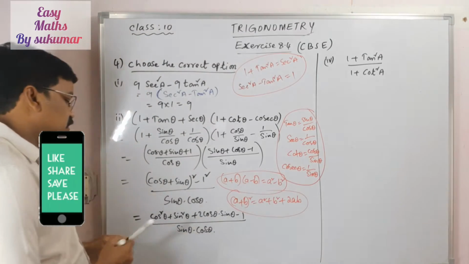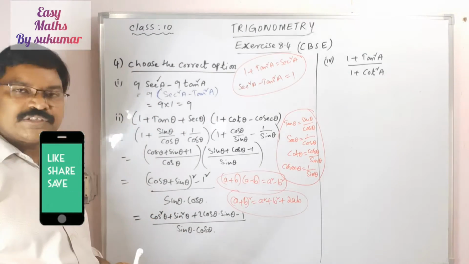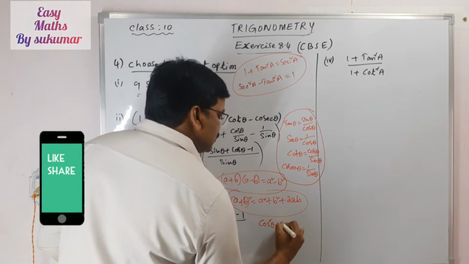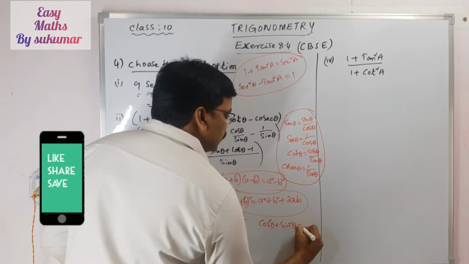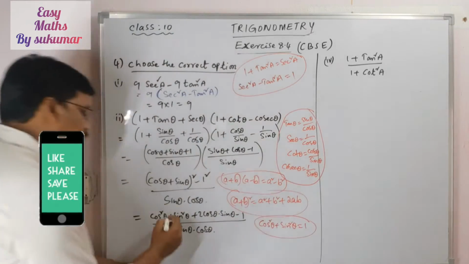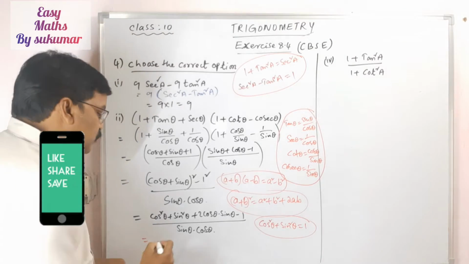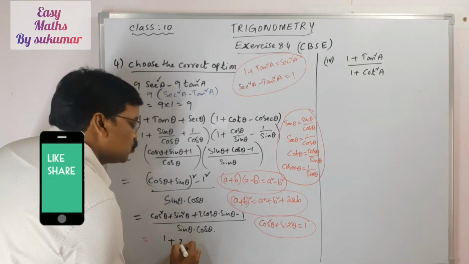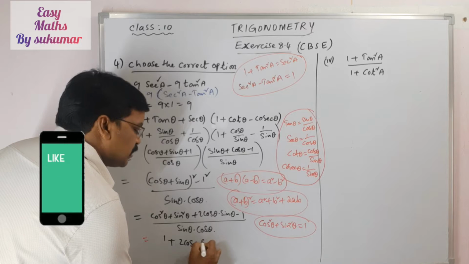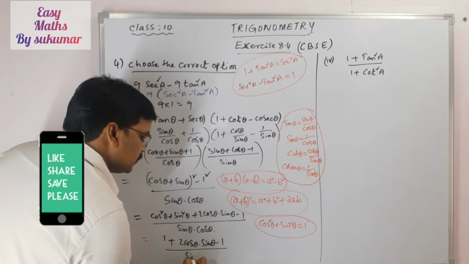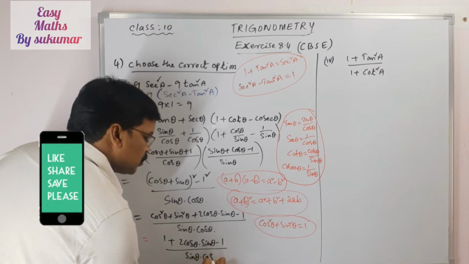So what is cos square theta plus sin square theta? We have an identity: cos square theta plus sin square theta is equal to 1. So instead of cos square theta plus sin square theta, we write 1. So 1 plus 2 cos theta into sin theta minus 1, by sin theta into cos theta.